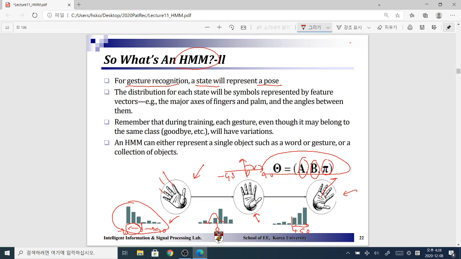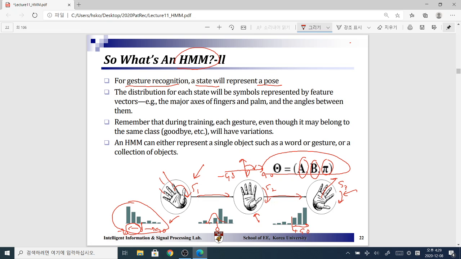So this means that you could have each of the poses as being a state, say state 1, state 2, and state 3, with its transition probability, because you're making a motion, say with this particular palm or hand, a waving motion, which makes the hand sort of rotate in the clockwise direction.